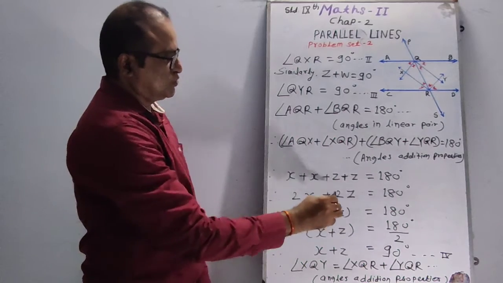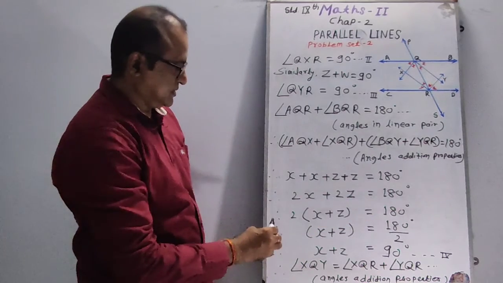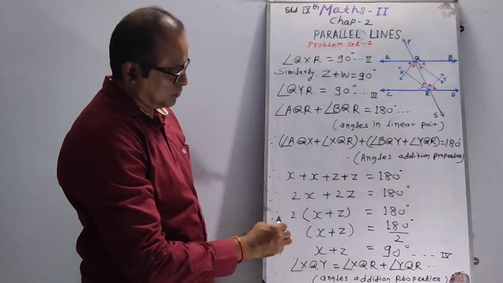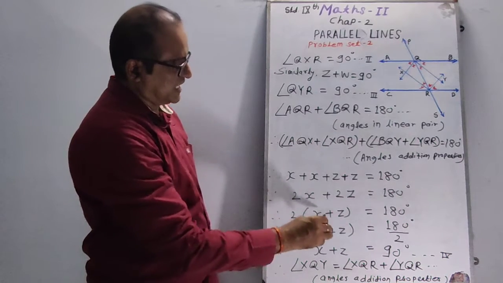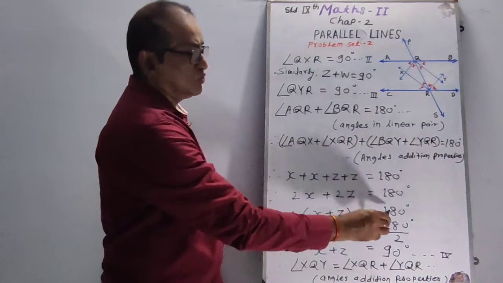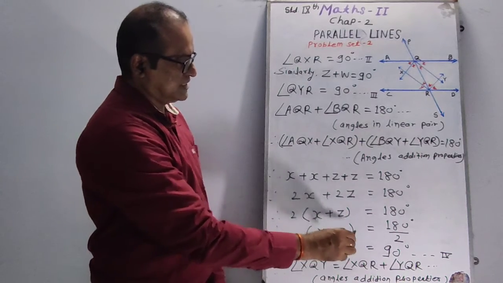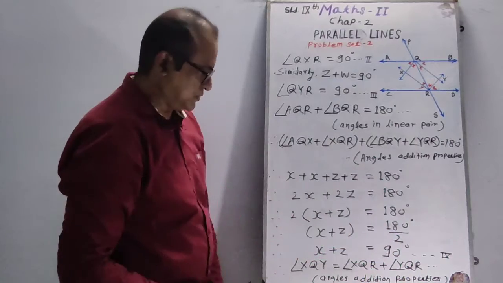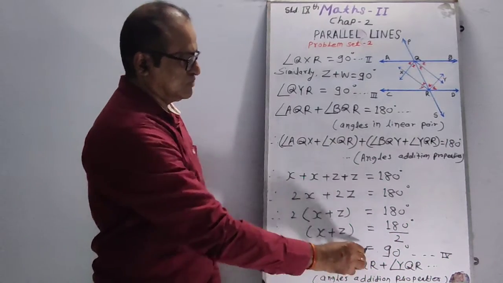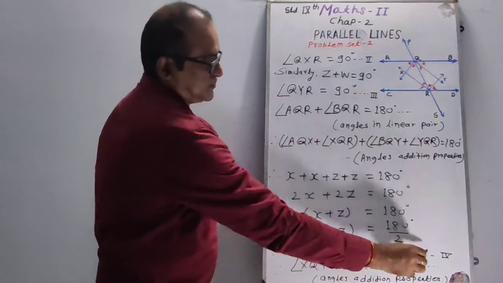Therefore, 2x plus 2z is equal to 180. Taking common, 2 into (x plus z) is equal to 180 degrees. Therefore, x plus z is equal to 180 degrees divided by 2. Therefore, x plus z is equal to 90 degrees (4).